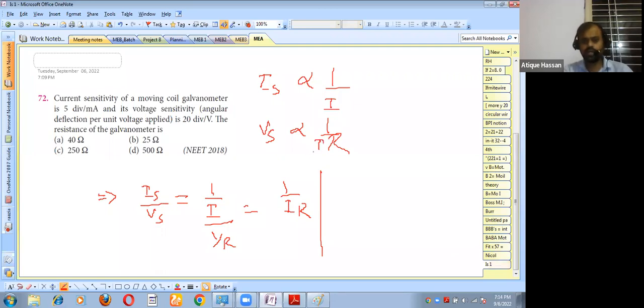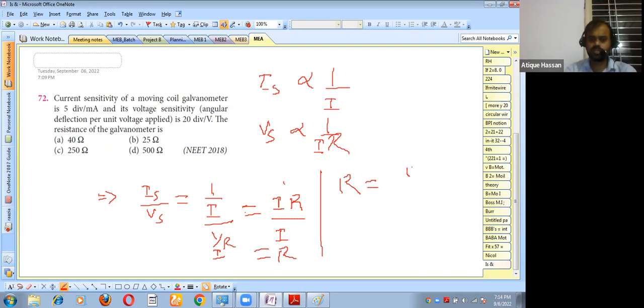So you will divide it like this, and we will get IR upon I. So you'll get R. So resistance will be equal to current sensitivity divided by voltage sensitivity.